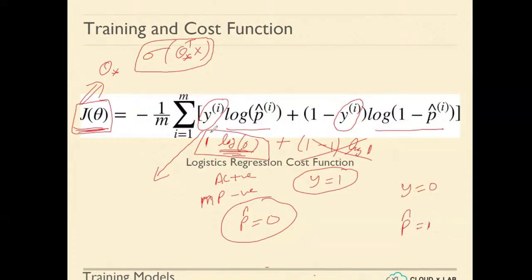So if you put these values, again you will get a very high value for loss, right? If you put here y is equal to 0, the first term will vanish, plus the second term: 1 minus y hat is 0, then log of 0. So again log 0 is infinite, so you will get a very high value.